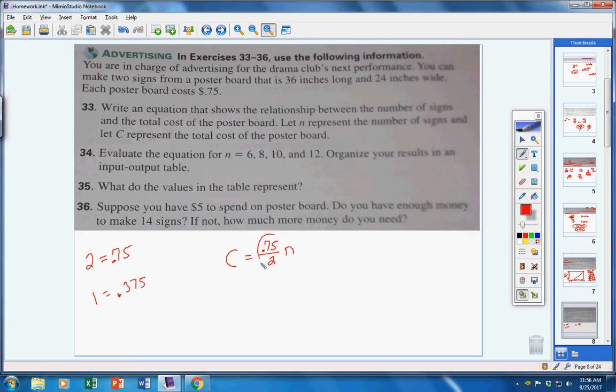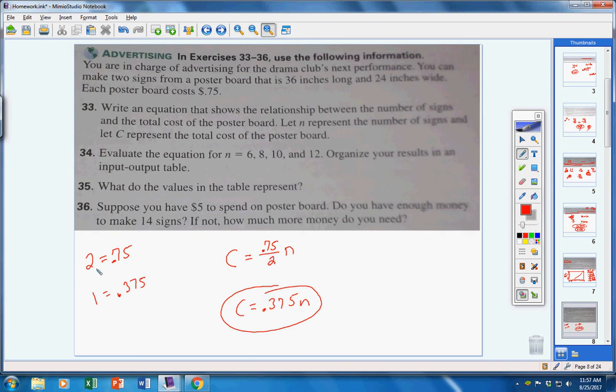So if you don't want to use this right here, no problem. You're welcome to use 0.375n. And that's what I'm going to use personally. It's a lot better that way. But I just wanted to show you where I got that from, okay?